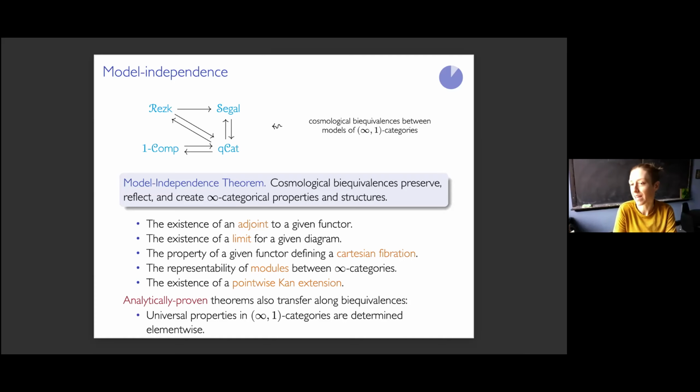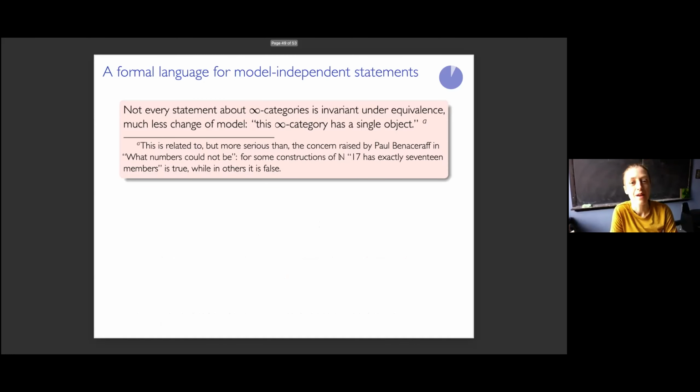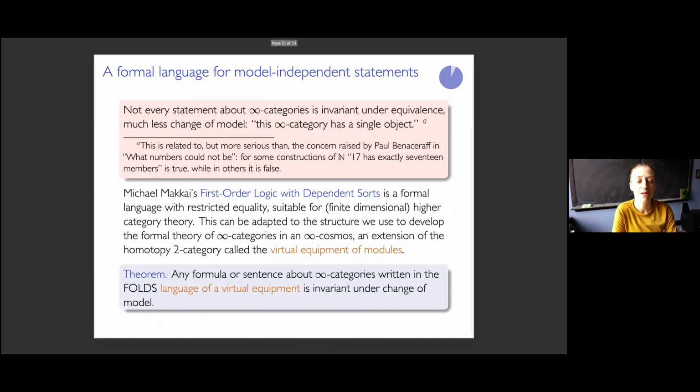But importantly, again, not every theorem about infinity categories can be proven from our axioms, because our axioms are too sparse somehow. There are way more examples of infinity cosmoi than the ones that I've alluded to. But nevertheless, there's a formal language, which I could also describe, but would be a talk in and of itself.